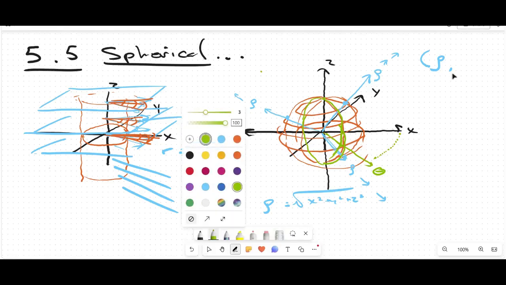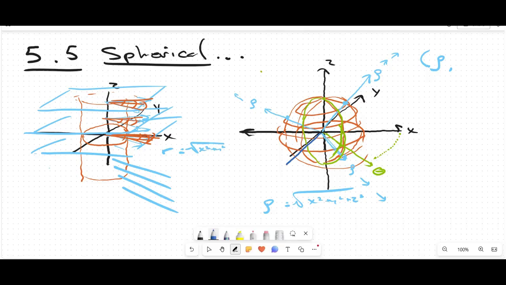Let's try to draw one more at a different angle. If instead we chose this theta here, we slice out a different line of longitude.